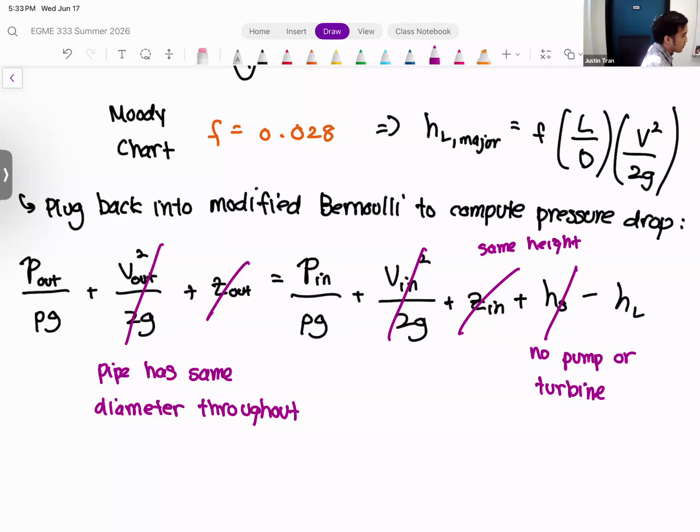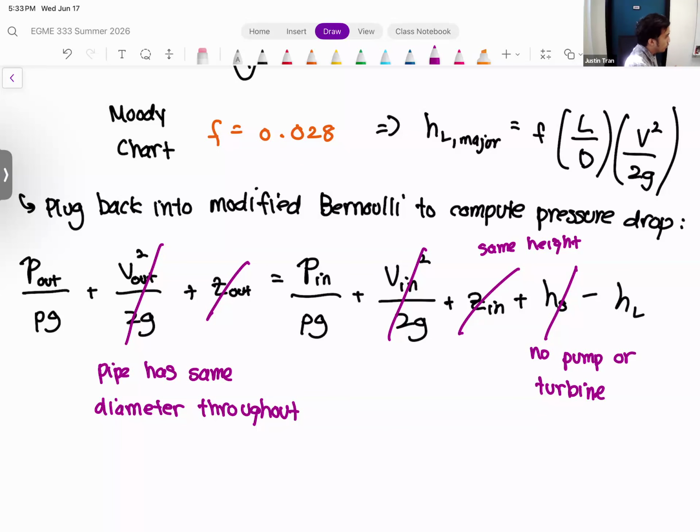Even though it wasn't explicitly stated in the problem, we can assume that the flow is steady state. We basically assume that all the time in this class. Unsteady flow is a much more difficult beast. If a system has steady flow and there's no change in diameter, then by conservation of mass the velocity must be the same everywhere throughout the pipe.